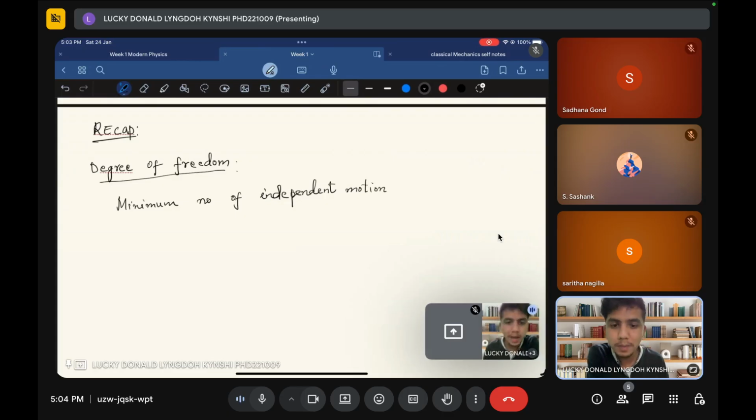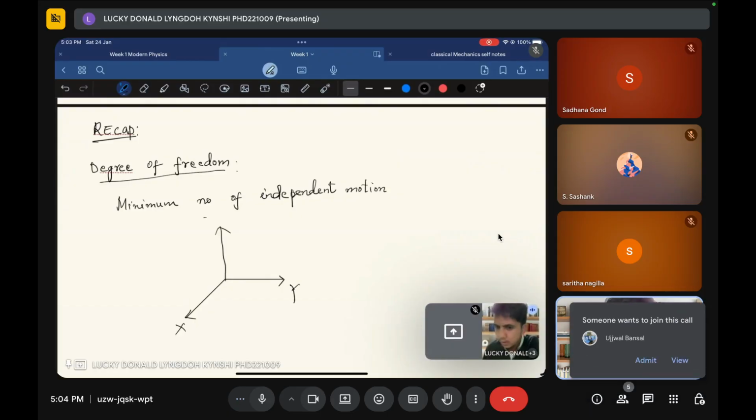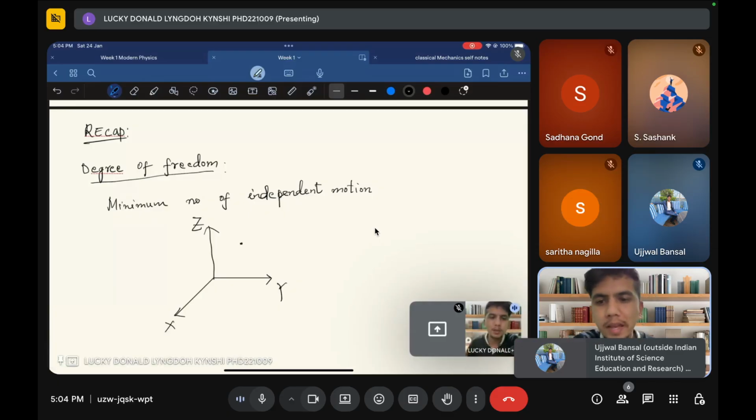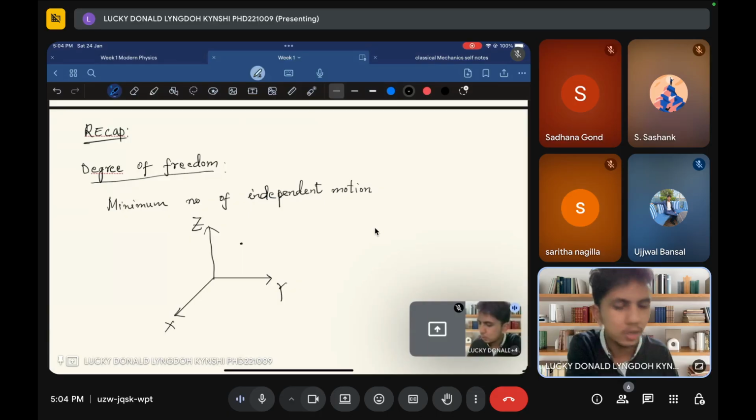What I mean by this is, suppose I give you an example. Suppose you have 3 axes: this is your x-axis, this is your y-axis, and this is your z-axis. Suppose I have one particle here, and this particle can move anywhere in the x direction, the y direction, and the z direction.